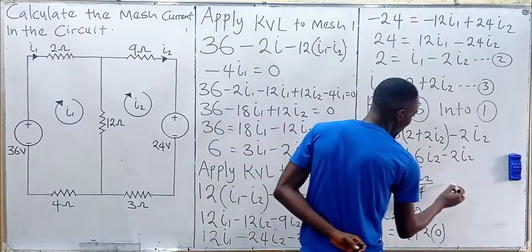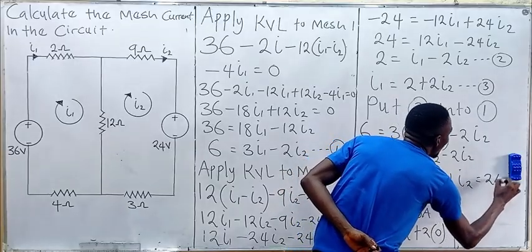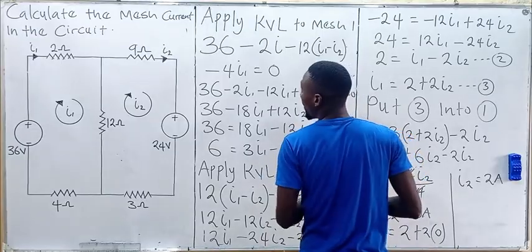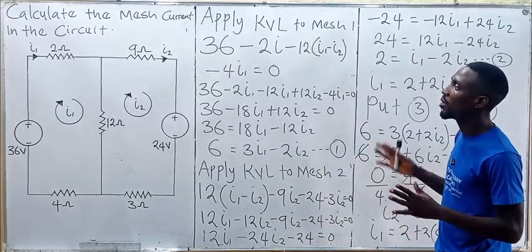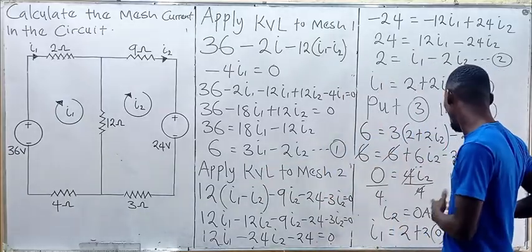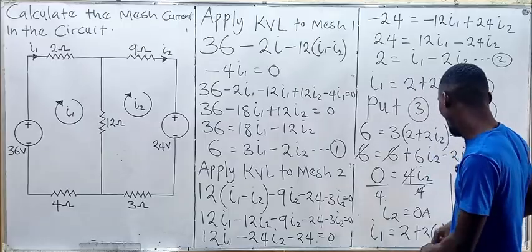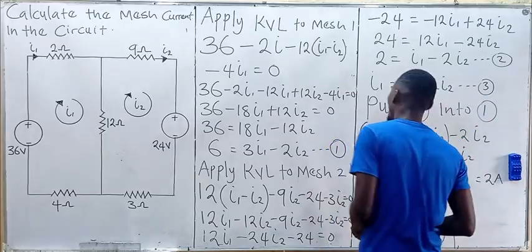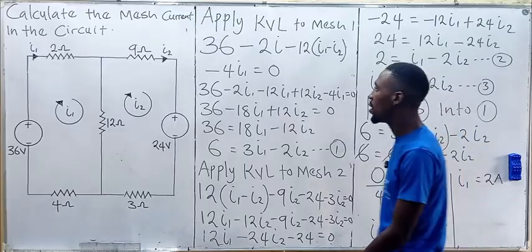So it shows that I1 will be equal to 2 ampere. And I think that is everything that they want us to find. Our I1 is 2 ampere, while our I2 is 0 ampere.